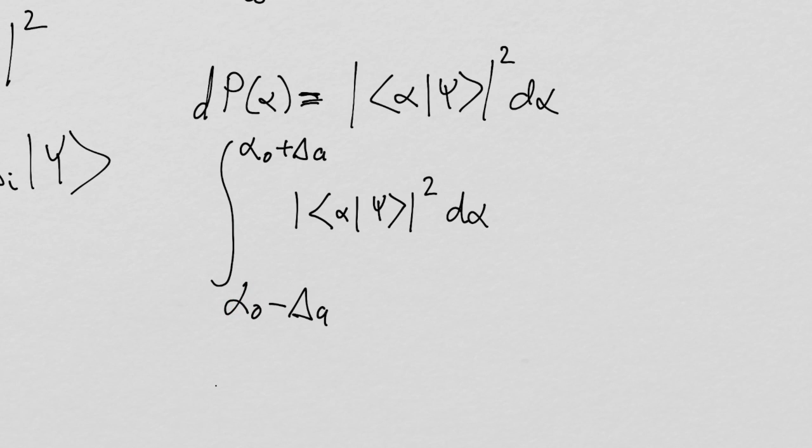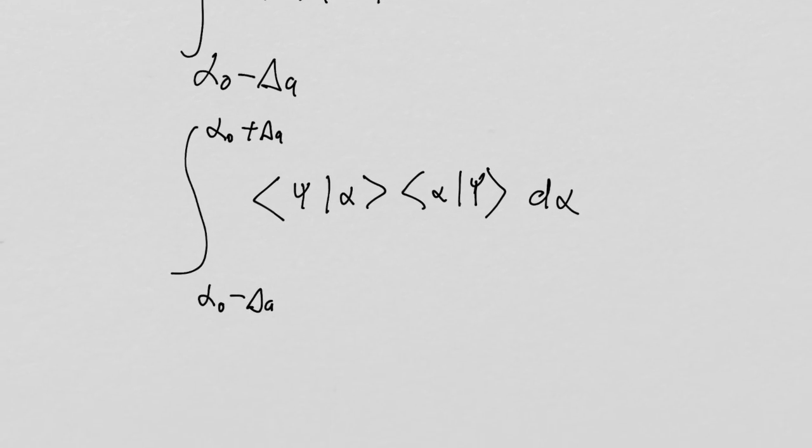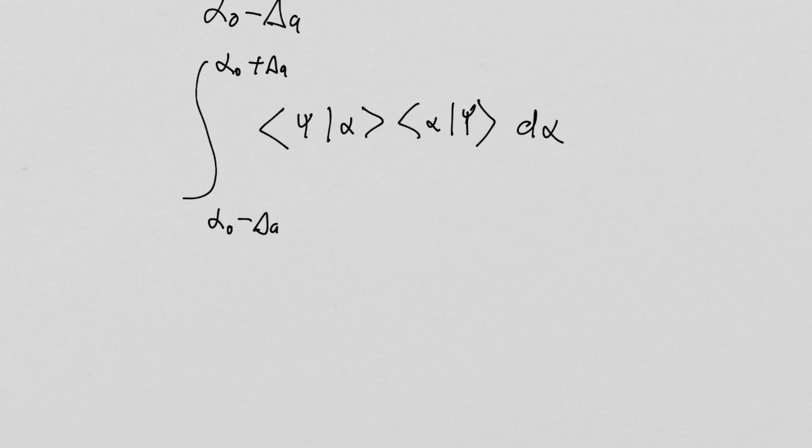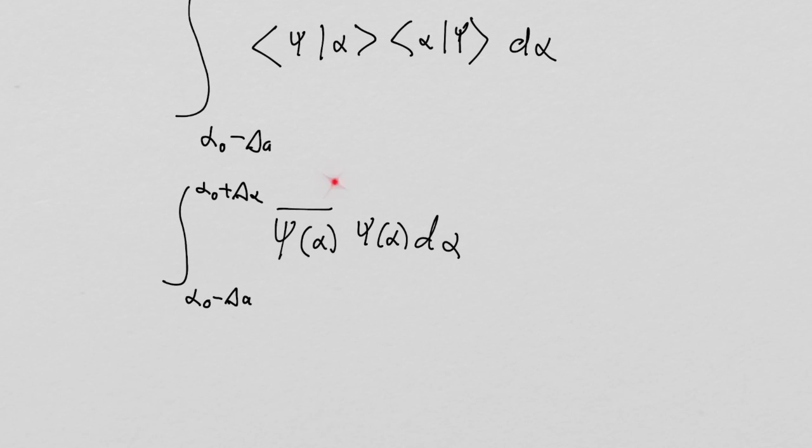Because you can no longer talk about a continuous measurement very precisely as one real number value. And you can blow this up. This is still a complex function, so you can still break it up into its conjugate times its unconjugated parts. This is the conjugate of the wave function, and this is the wave function. And that can be written as our classic wave function probability calculation that we learned in elementary quantum mechanics.